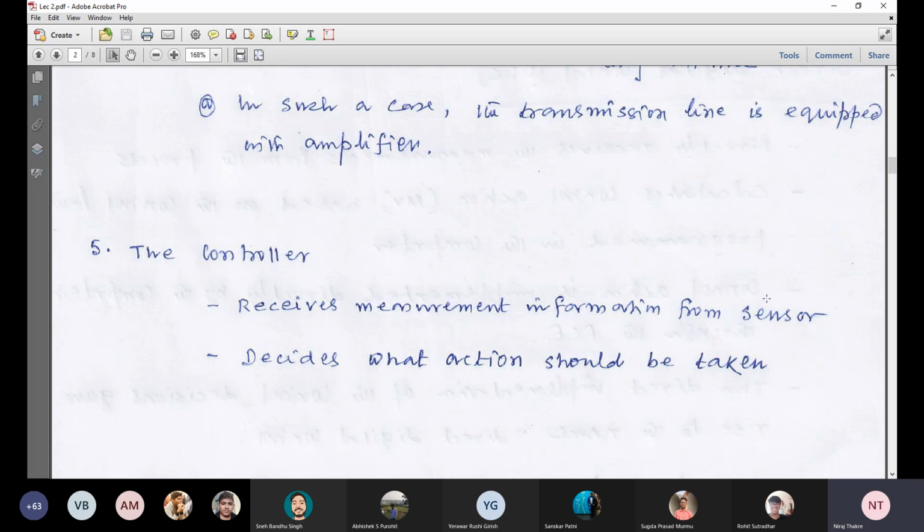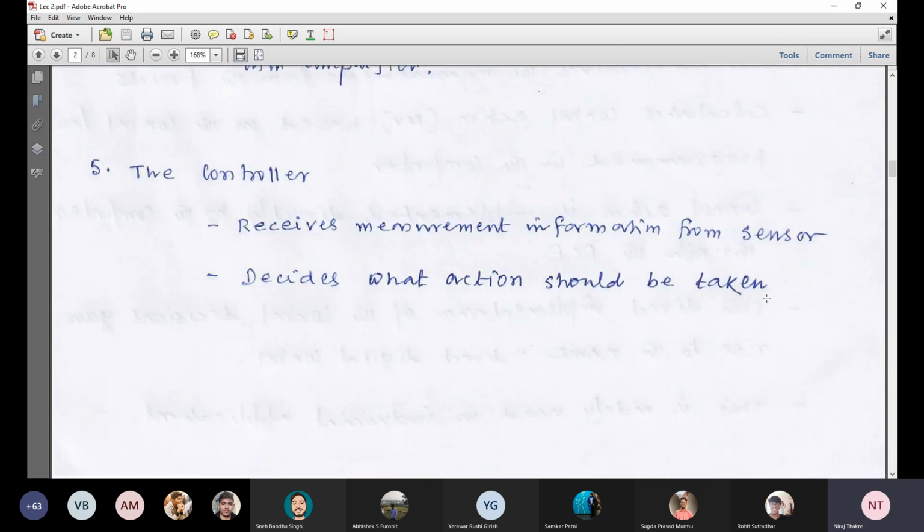Then we reach the controller. This controller receives measurement information from the sensor and it calculates the control action.